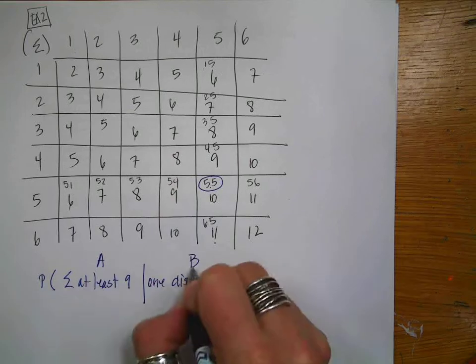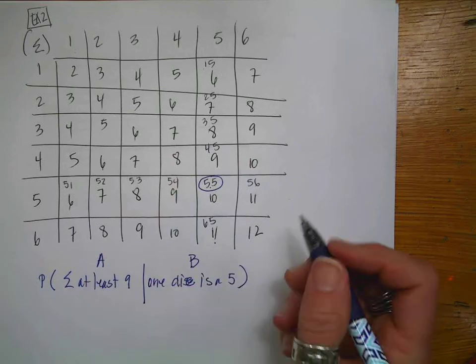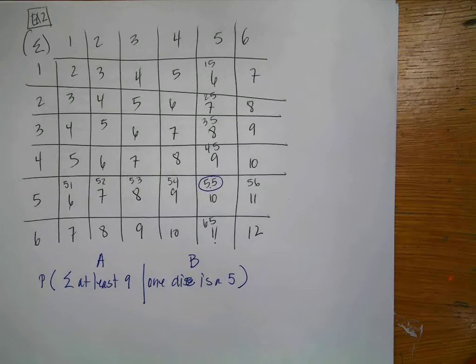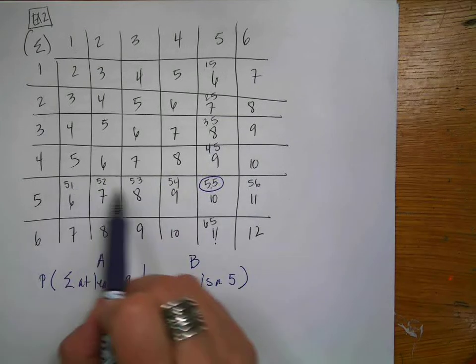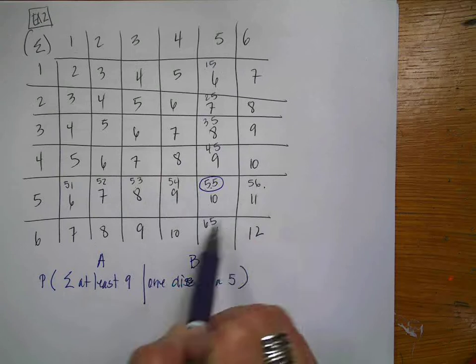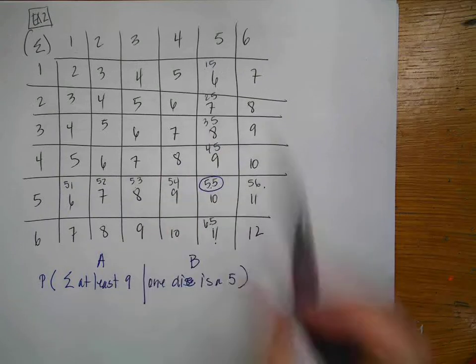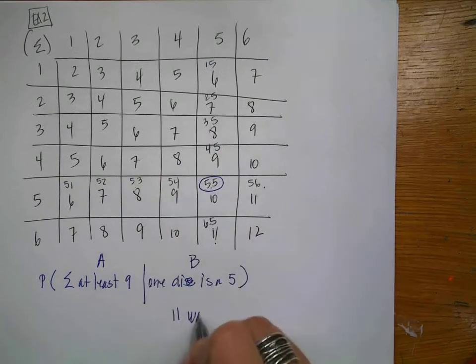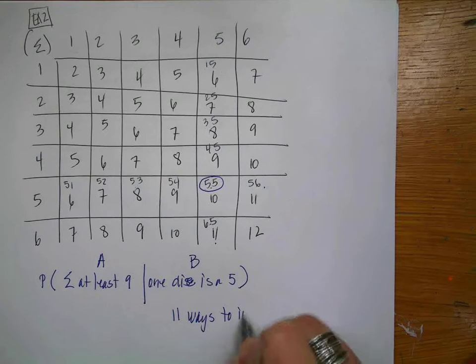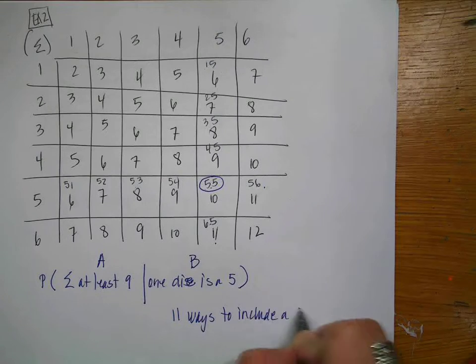Okay? So I'm going to call this event A and this event B. Alrighty, and so if we look at our dice chart, there are, let's see, 1, 2, 3, 4, 5, 6, 7, 8, 9, 10, 11. There are 11 ways to include a 5.